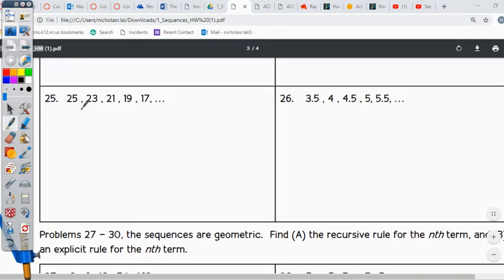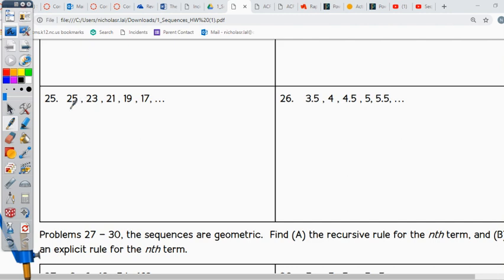Alright, so our common difference here is going to be minus 2. So D is equal to negative 2, and A1 is equal to 25.